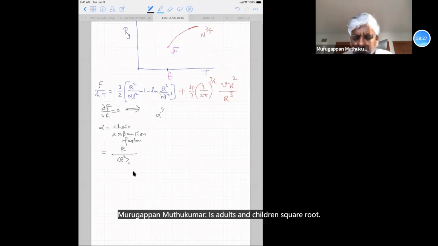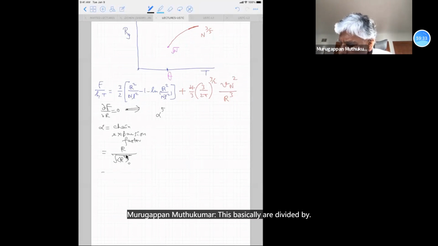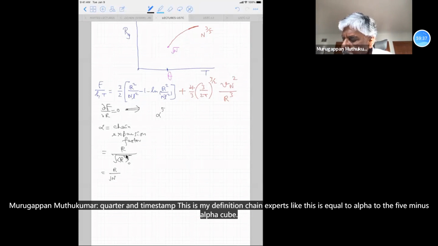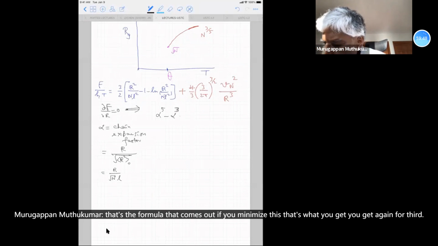It is the Gaussian chain. This is basically R divided by the square root of n times L. This is my definition of chain expansion factor. This is equal to alpha to the 5 minus alpha cubed. That's the formula that comes out. If you minimize this, that's what you get.